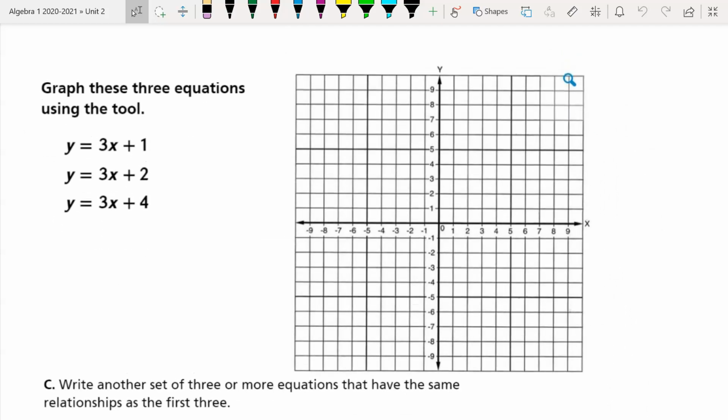Graph these three equations using the tool. So let's say we do graph these. Before I graph it, see if you notice anything about the three equations. All right, so the first one I'm going to graph in purple. Minus the 1.